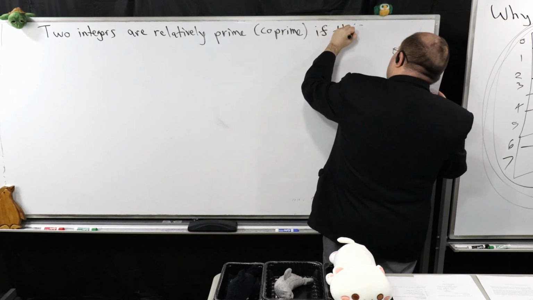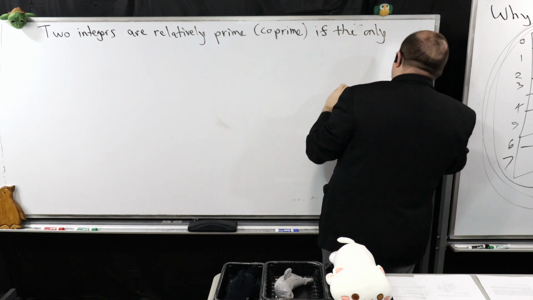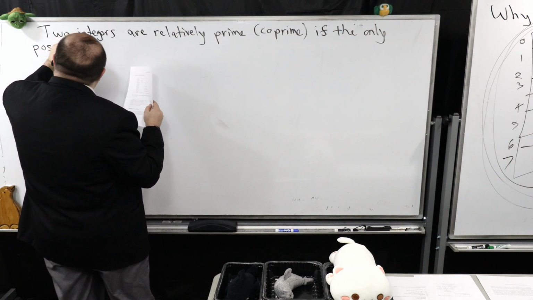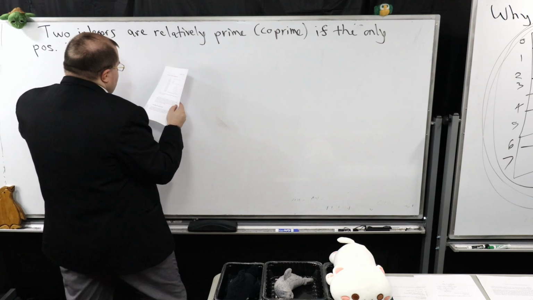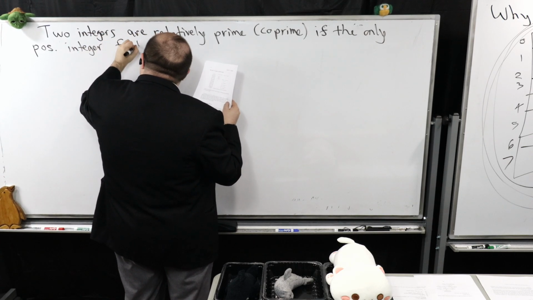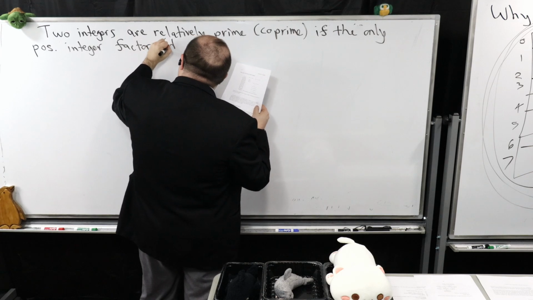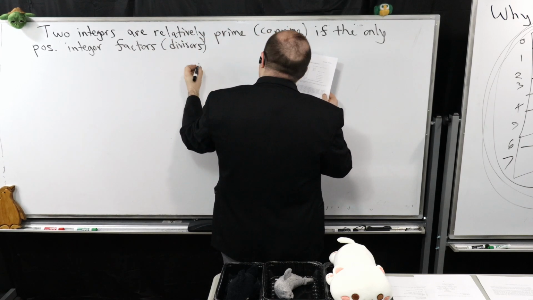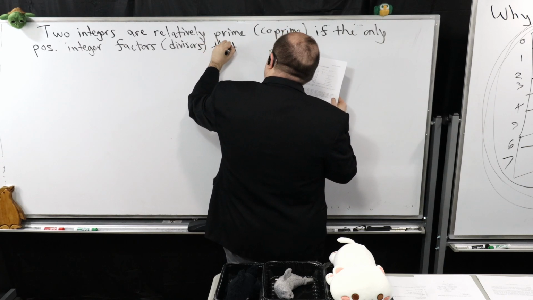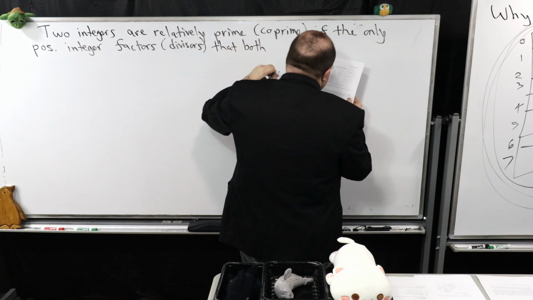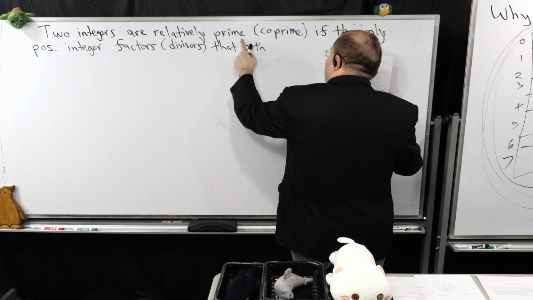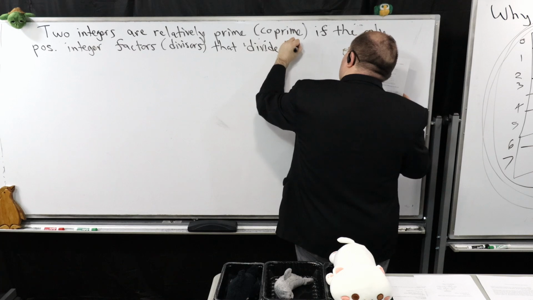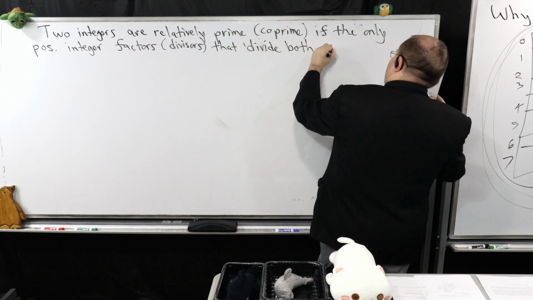Coprime if the only positive integer factors or divisors, whichever phrase you would like, that divide both is 1.